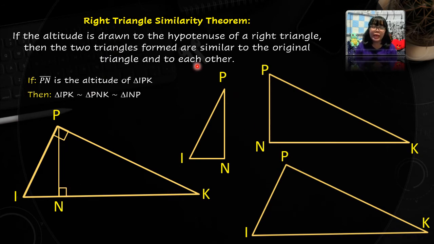And based on our right triangle similarity theorem, these two triangles are similar to our original triangle and also similar to each other. So we can say that if PN is the altitude of triangle IPK, then IPK, which is the original triangle, is similar to triangle PNK, and also similar to triangle INP.